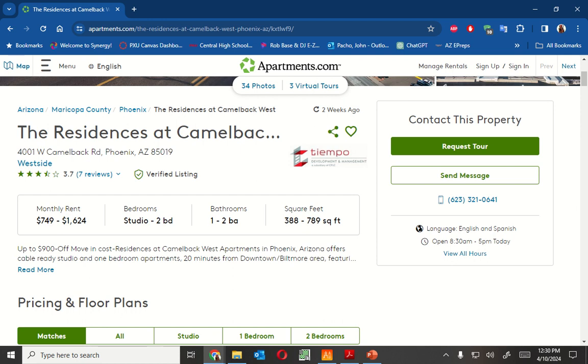Find the bedroom. Now, are you going to live by yourself? Miguel, are you going to live by yourself? Yeah. Okay, Miguel's going to live by himself, so it doesn't matter how many bedrooms. But we have AJ over here. He's going to get a roommate. AJ, are you going to live in a studio with a roommate? No. Do you know what a studio is? Yeah, no bedroom. Everything is out there, no bedroom.